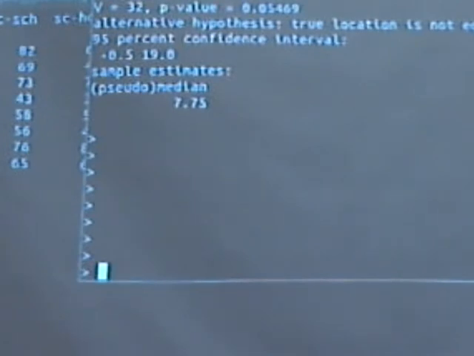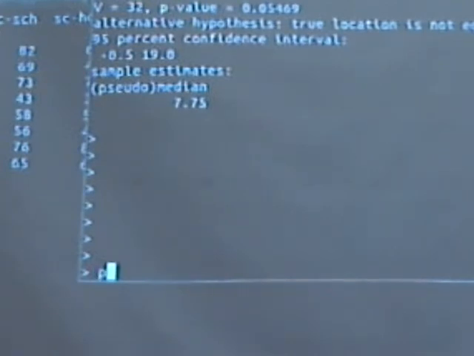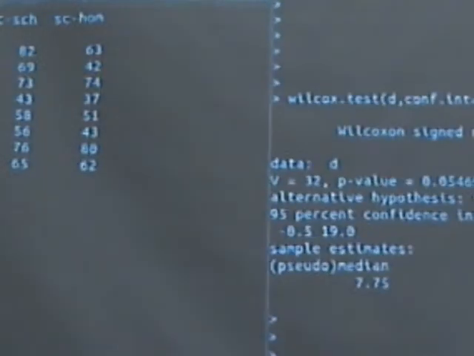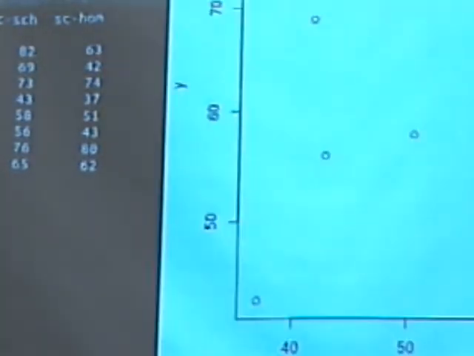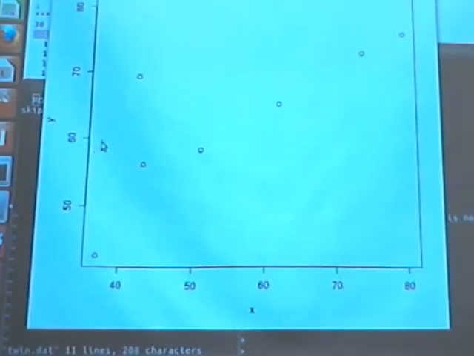Okay, now, suppose you did the wrong analysis. If you do the two-sample analysis on it, it's the wrong analysis because the x's and y's are not independent. You can plot them, and see there's some correlation.